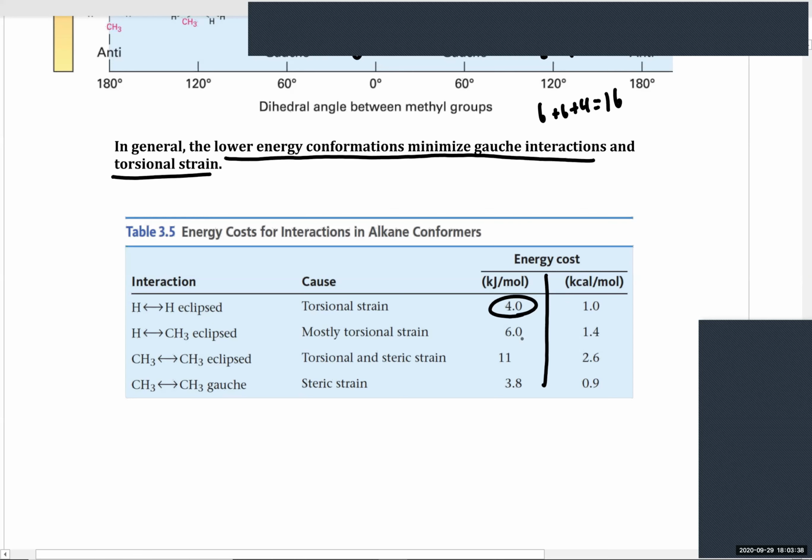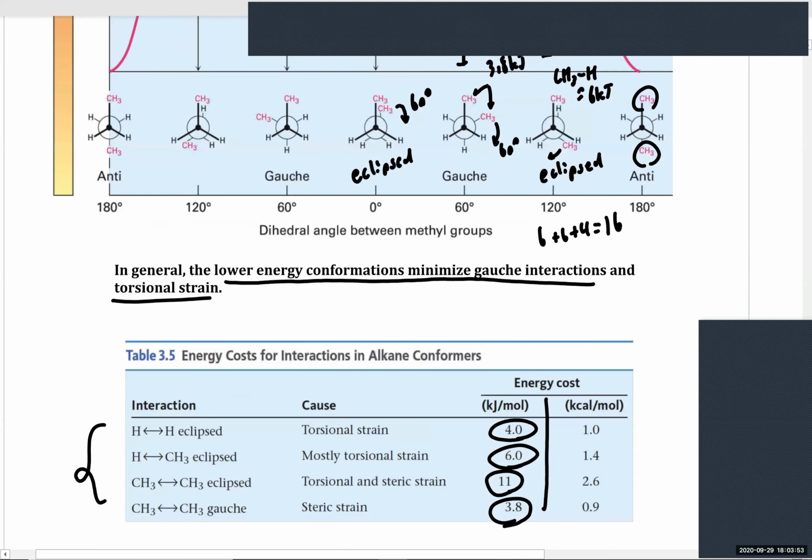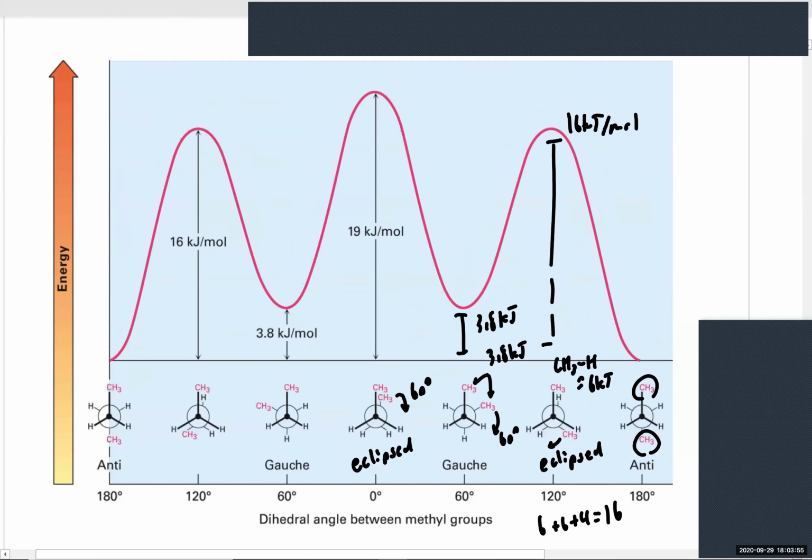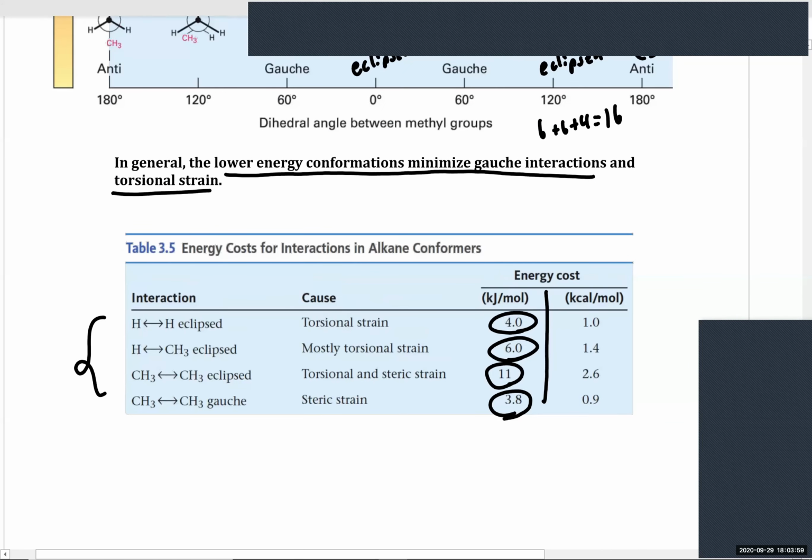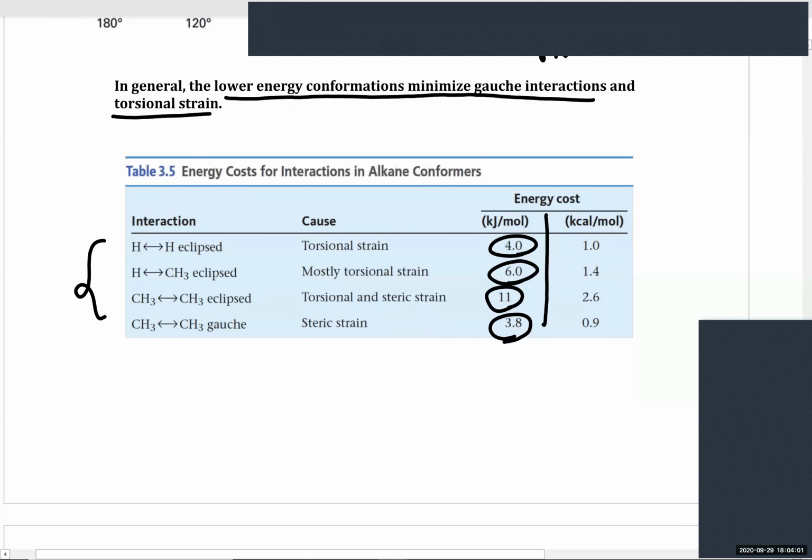A methyl hydrogen eclipsing interaction is 6. Methyl-methyl eclipsing is 11. Methyl-methyl Gauche is 3.8. You'll need to have these values memorized, and I'm expecting you to perform quantitative calculations and make graphs just like we did up here. So that's the expectation moving forward.